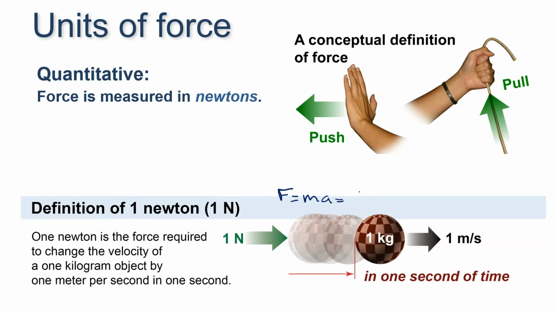So what they're saying is that if you have a mass of 1 kilogram times the acceleration, which is 1 meter per second in 1 second, which is 1 meter per second squared. 1 times 1 is 1, and it's technically kilogram meters per second squared, or 1 newton. Okay?